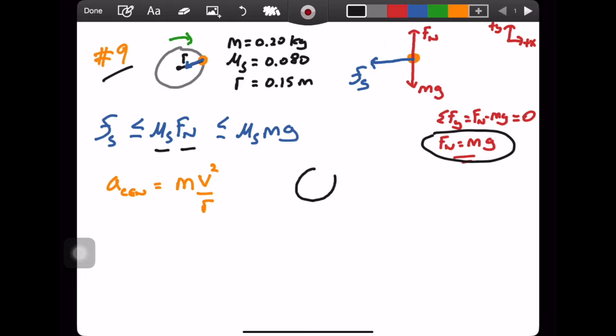if I have a circular motion and I have some object going around in a circle, then there must be some centripetal force acting towards the center of the circle, where the centripetal force is equal to the mass times the centripetal acceleration.